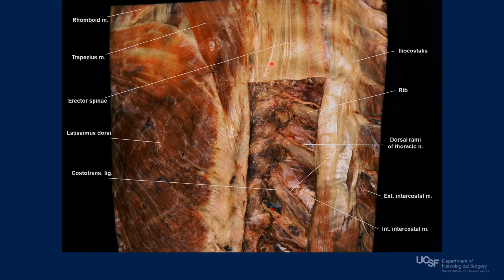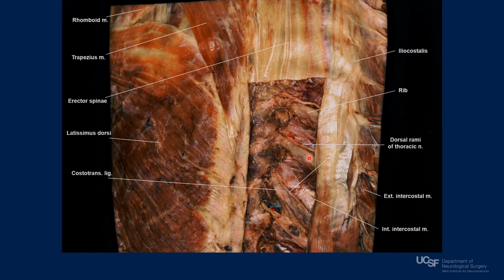After removing the superficial muscles, we can expose the lamina, and visualize the transverse process and its articulation with the body of the rib, and the dorsal rami running over the superior edge of the rib.